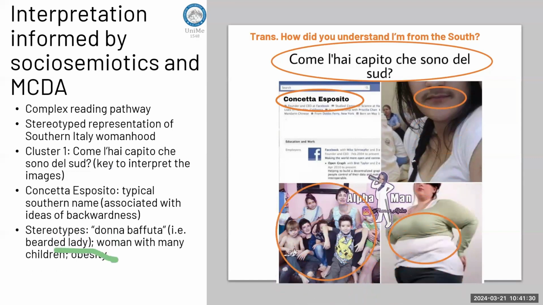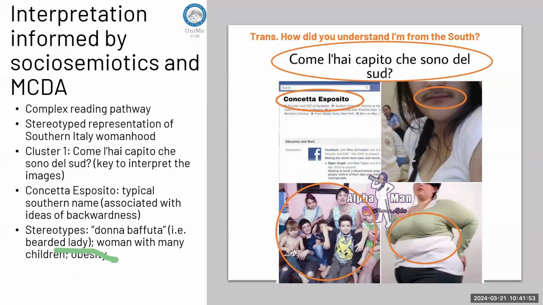And then you have other stereotypes. That is a bird lady, because Southern Italian women are considered to be a bit like beasts and not able to take care of themselves. So backward, again another form of stereotyping.